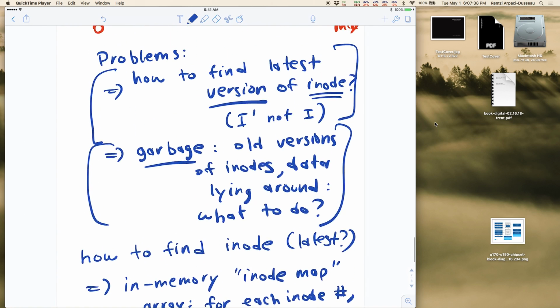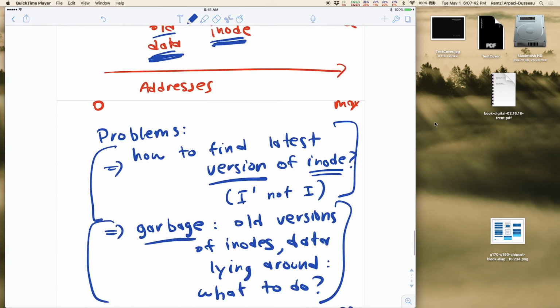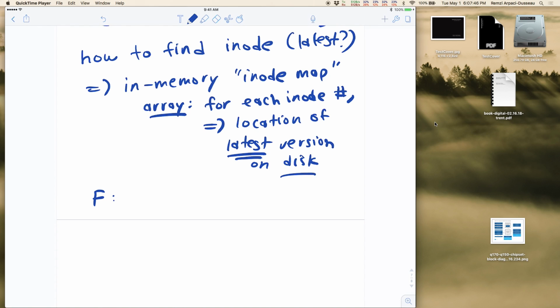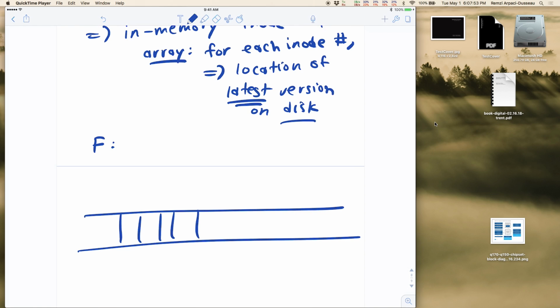If we go back to our example where we had just two versions, I'm going to rewrite this example down here. Let's say we had this file F, and we had, of course, written F down here first to these few blocks. This is the inode of F, and this is data block 1, data block 2, data block 3. Let's say these are at certain locations, blocks 10, 11, 12, and 13.